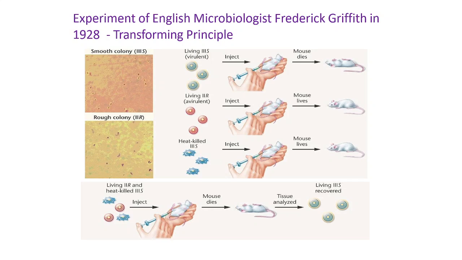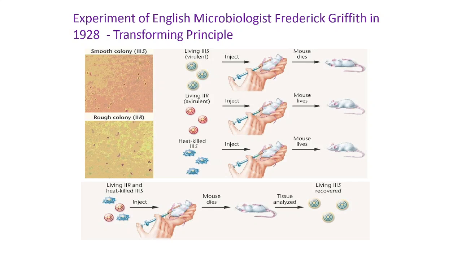Then you take a living rough colony or an avirulent strain, the strain that's not virulent, and you inject it in the mice, so the mice lives. That's quite understood. So you have a virulent strain, you inject it into someone, the mice dies.